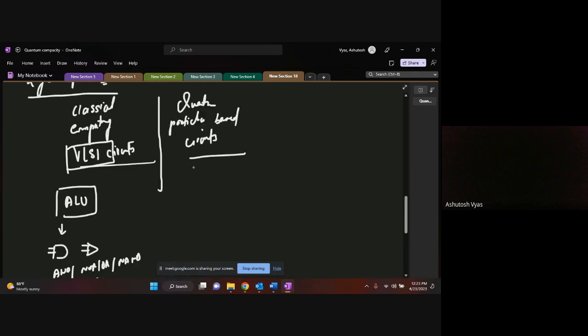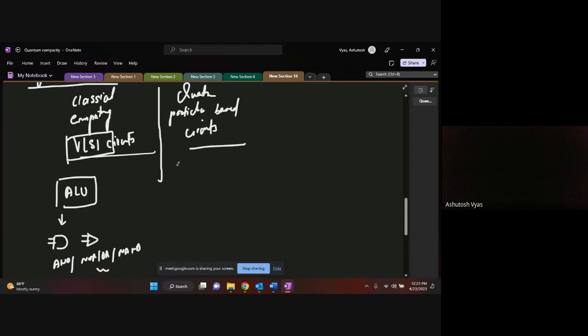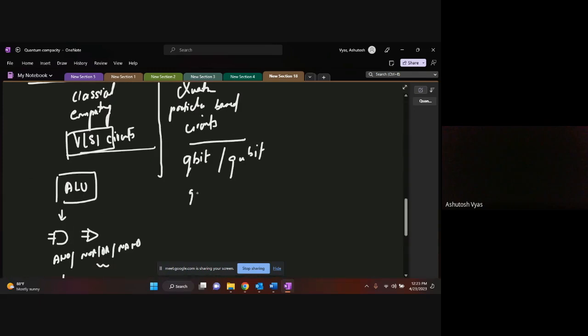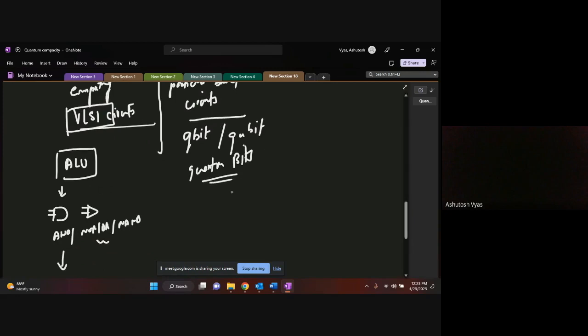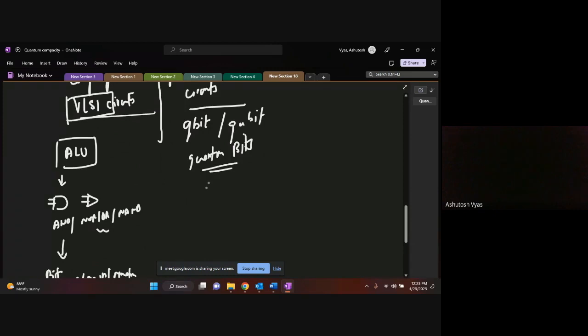Now, what's there in quantum for us? Quantum has something called qubits, also written as QUBIT. It's one and the same thing. The full form is quantum bits. Now, quantum computers can be realized using many different types of quantum particles.